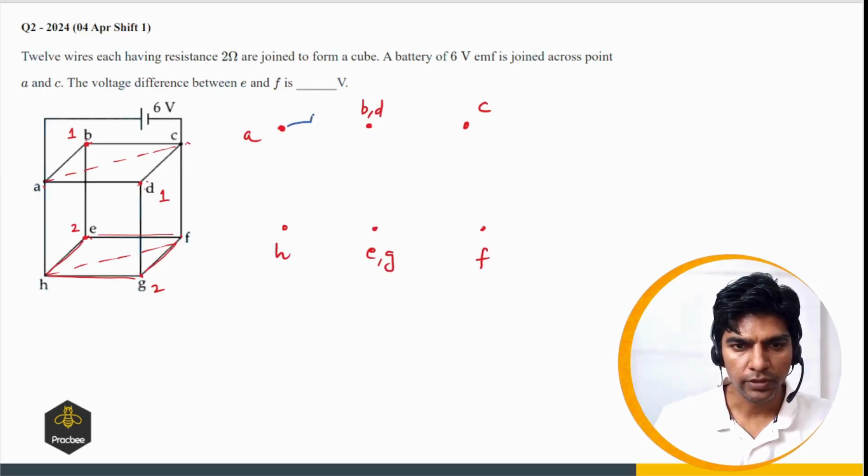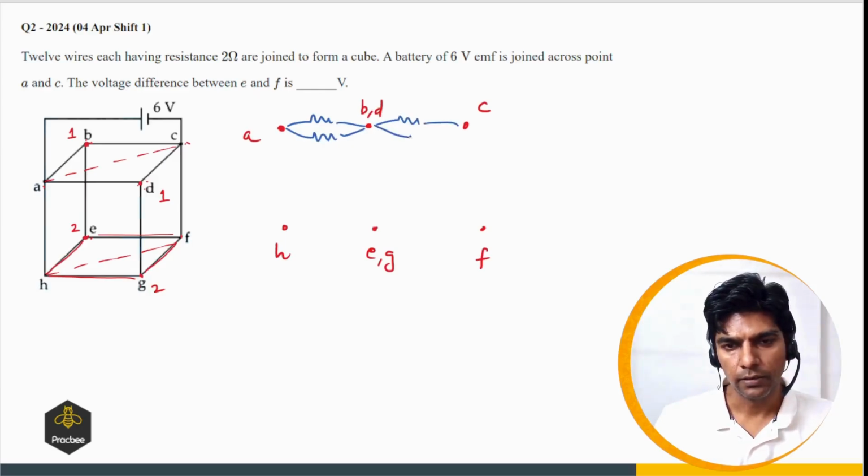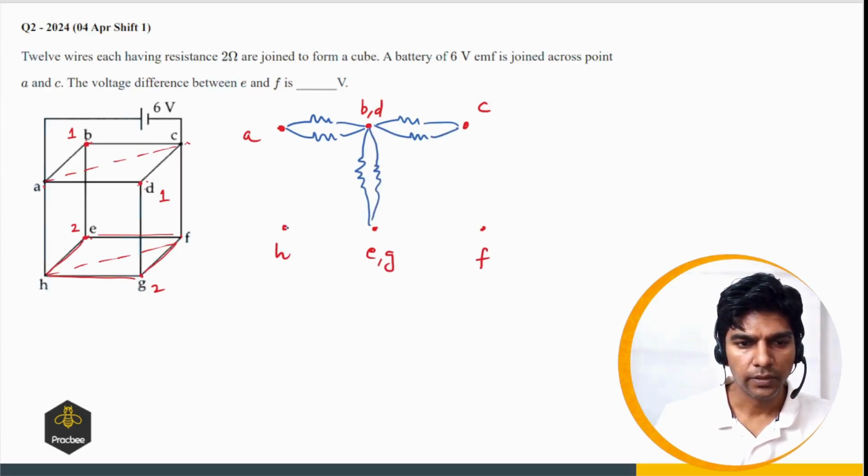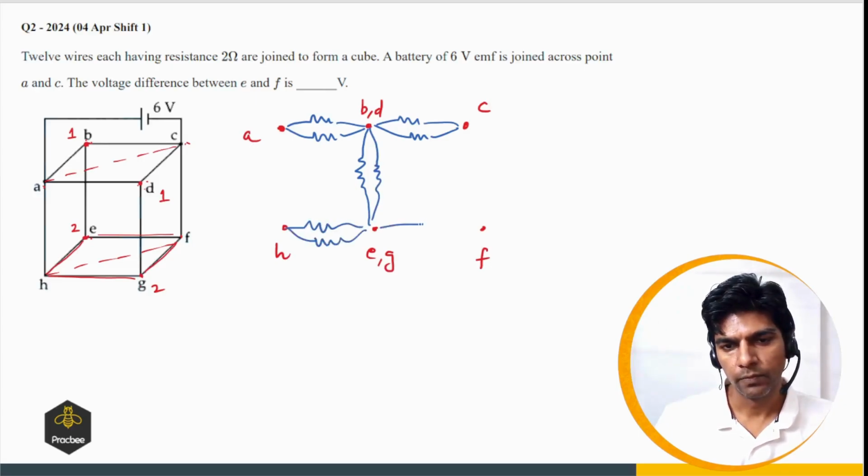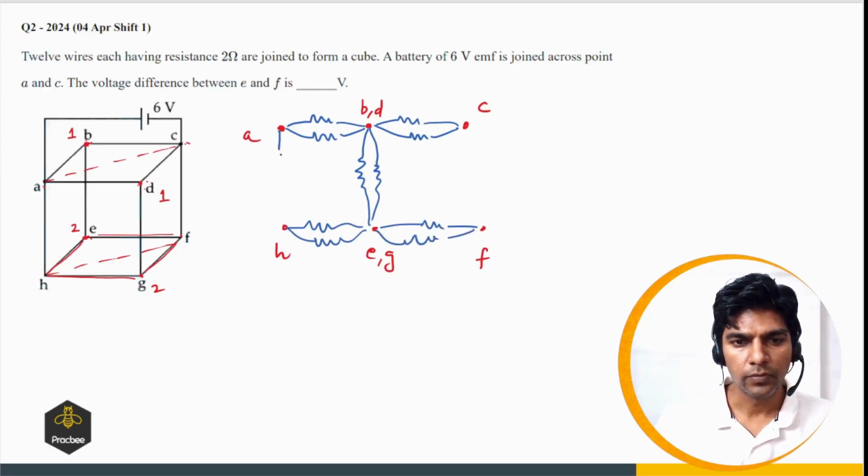So here we have two resistors which are in parallel. Here we have two resistors in parallel. Here we have two resistors in parallel, right? And all the resistors are identical. Here we have a single resistor.